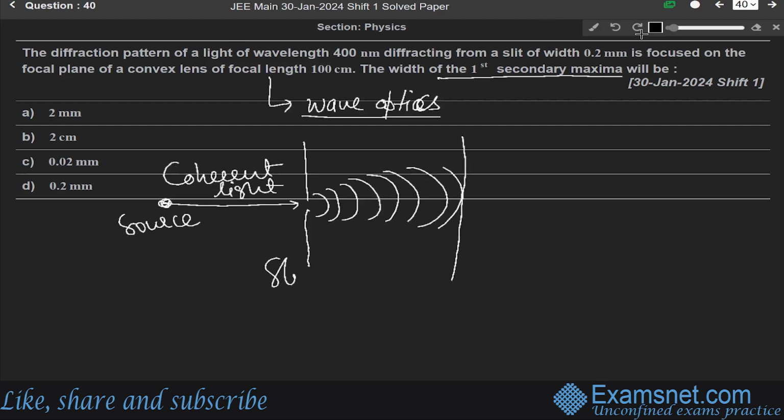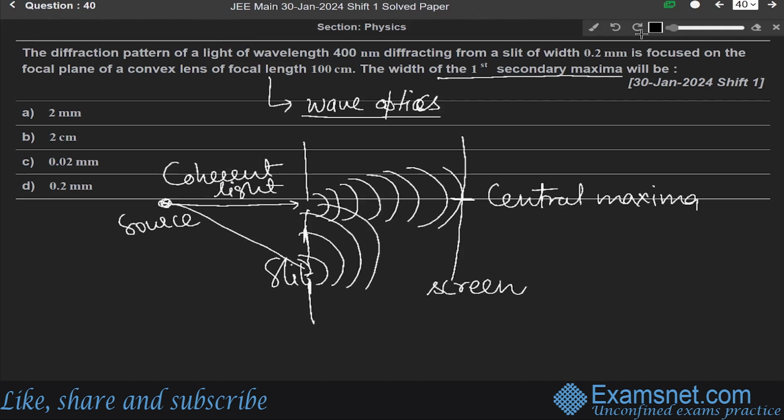This is the slit and this is the screen, and the wavefronts are making a central maxima at the center. Let us say here is a second slit. The coherent light coming from this second slit forms different wavefronts, and when these wavefronts interfere, they make a central maxima.